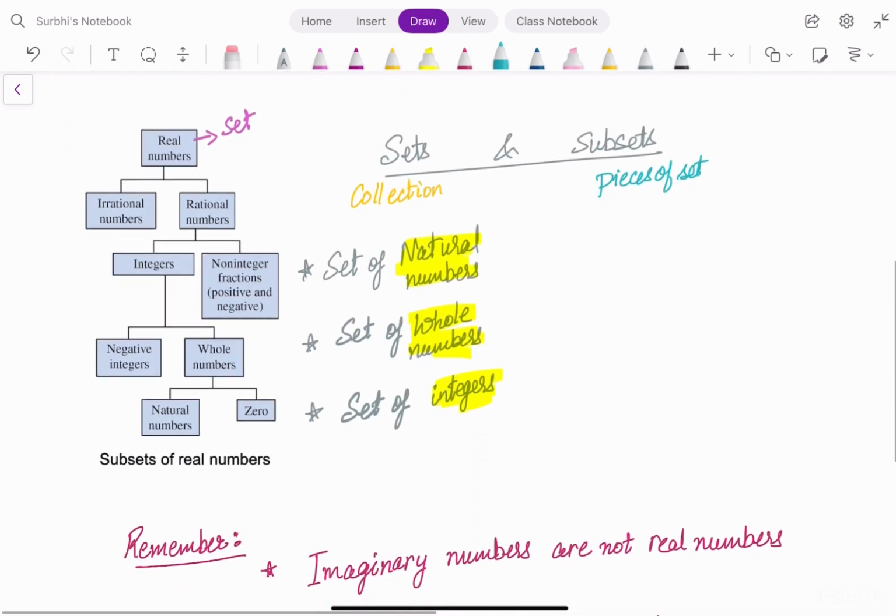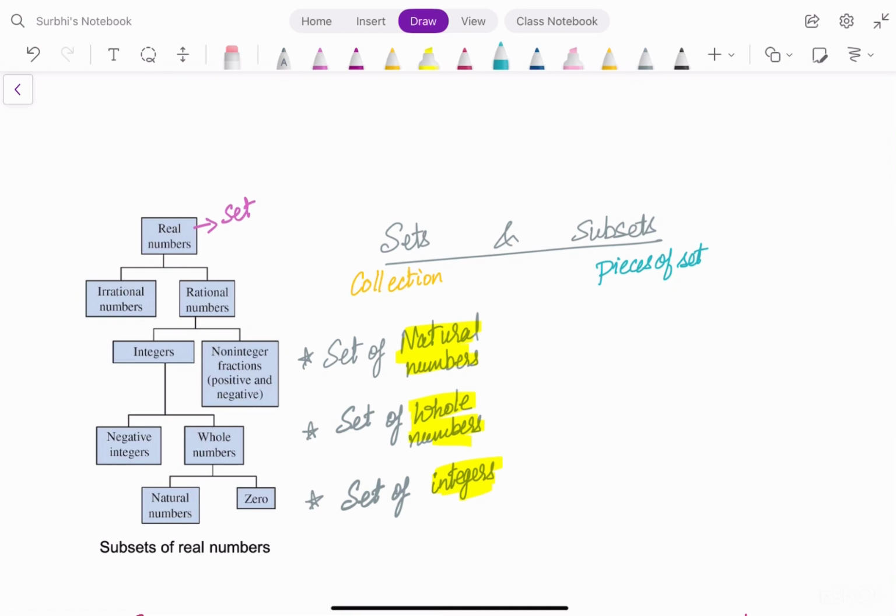So they are the subsets of the real numbers. The real number is a big umbrella, as I said, and it is called a set. A set is a collection, and subsets are different pieces of the set. So under real numbers we have irrational numbers and rational numbers.